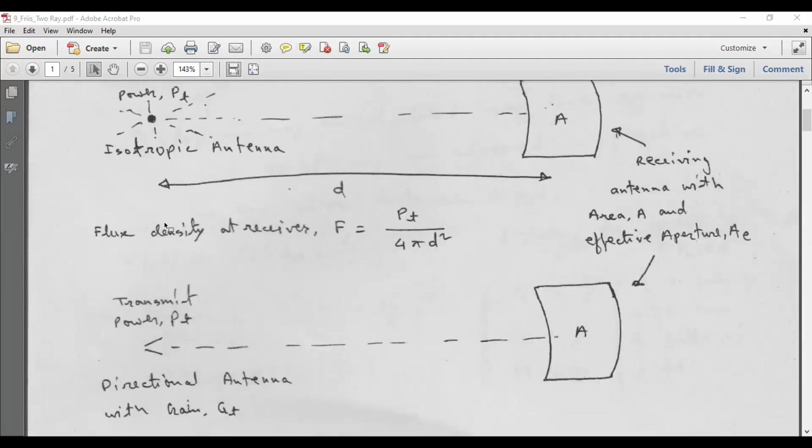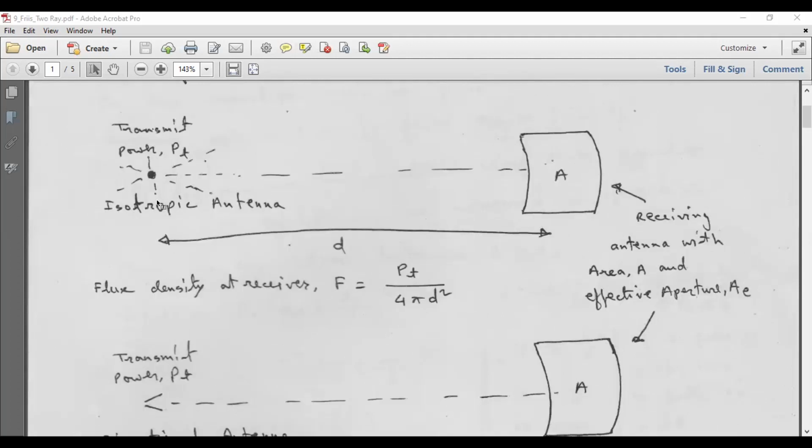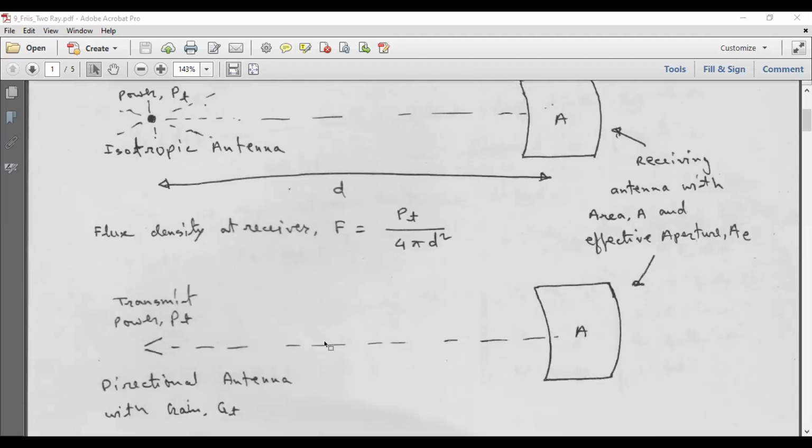So the power will actually increase. I'm just collecting the whole power towards the direction of my receiver. From the first figure to the second, the difference is that in the first figure the energy is radiated equally in all different directions. Now the same energy Pt will be sent towards the desired direction using a directional antenna.